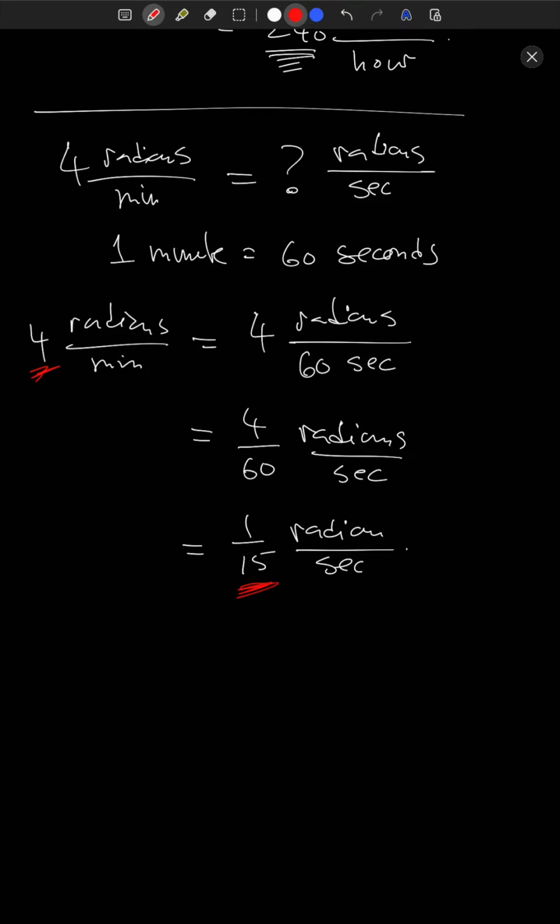Okay, so this idea allows you to basically do any sort of conversions, right? If I wanted to convert this 4 radians per minute into degrees per hour, right? Then, for example, I could convert the radians to degrees because I know the formula that we just talked about in 1.2 to change those radian units into degree units, right? And then we can do exactly what we just did to convert the minute unit into the hour units.